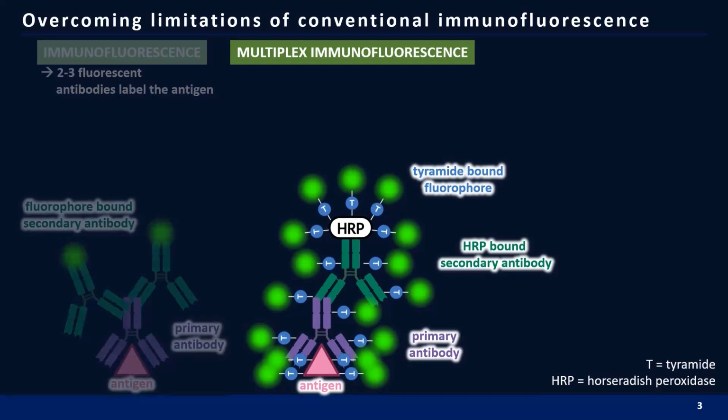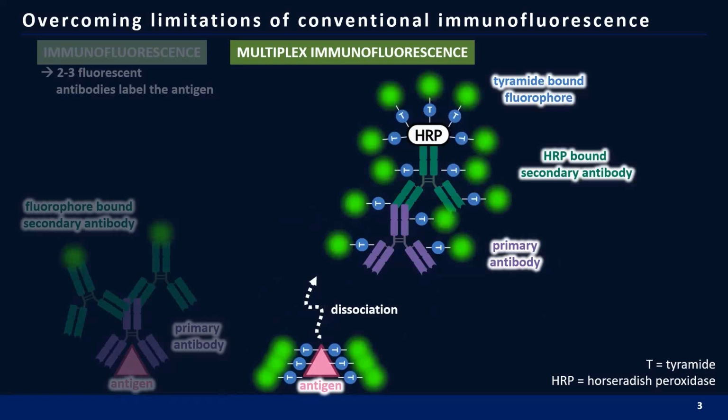To be able to perform the multiplex immunostaining without antibody cross-reactivity, the antibody complex needs to be removed from the tissue before a new cycle can begin, and this is done using heat. Once the antibody complex is dissociated from the antigen, it leaves behind only the fluorophore bound to the antigen itself directly on the tissue.